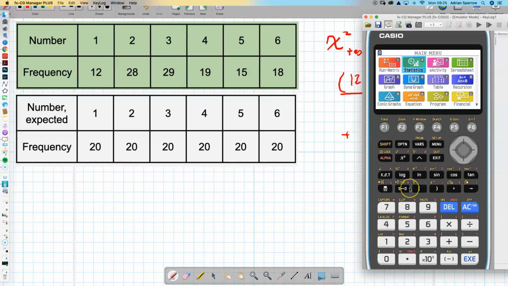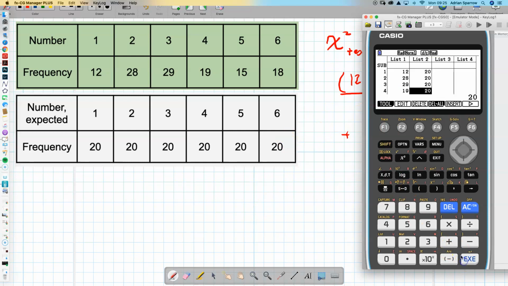I'm going to skip through and find the answer to that using a graphic calculator. So if we grab our graphic calculator and go into statistics, what we do is write out the frequencies in one list, then the expected frequencies in the other list. I've got all those written out to save a bit of time. I'm going to go into test, and go into chi, and this time I'm going to go GOF, goodness of fit.